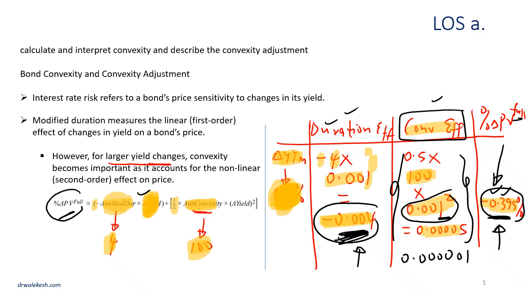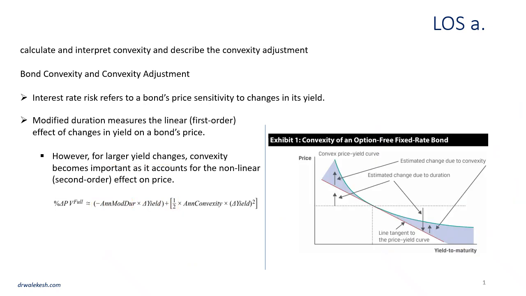But when dealing with larger changes in YTM, the effect of convexity would be of great importance, because at that point convexity would contribute a relatively large portion to this percentage change in bond price.